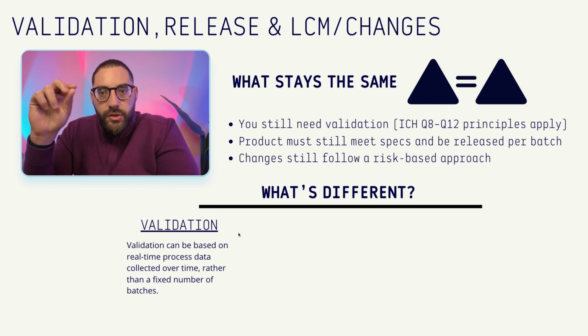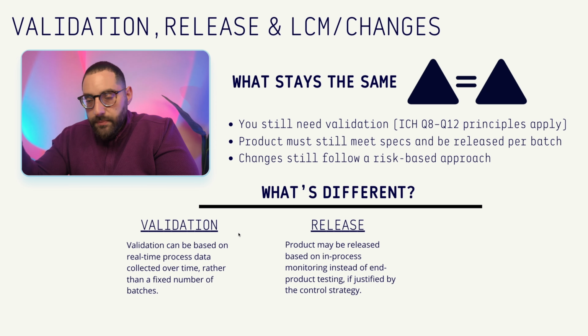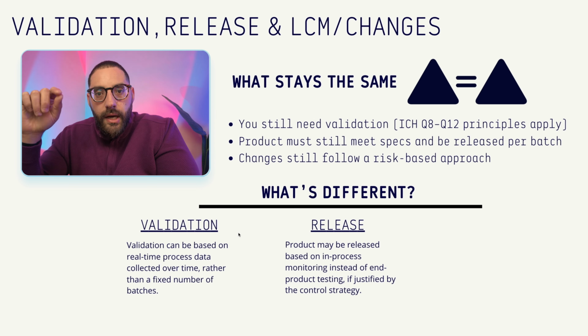Also, release may be based on process parameters, so parametric release may be more of a consideration. Parametric release is typically used for a sterilization process, but you may be able to have a scientific-based, parameter-based release process instead of doing product testing.